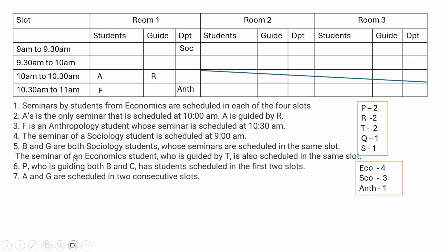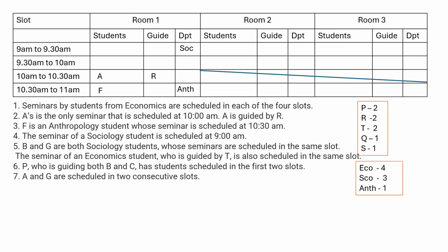So let it be. B and G are both sociology students whose seminars are scheduled in the same slot. The seminar of the economics student who is guided by T is also scheduled in the same slot. So B and G are in the same slot, and guide T is also in the same slot with B and G. So there should be three seminars.